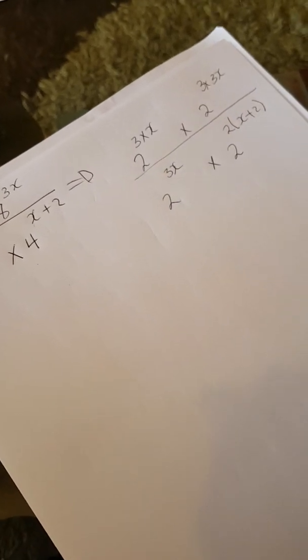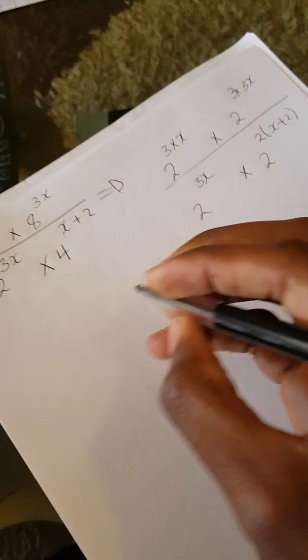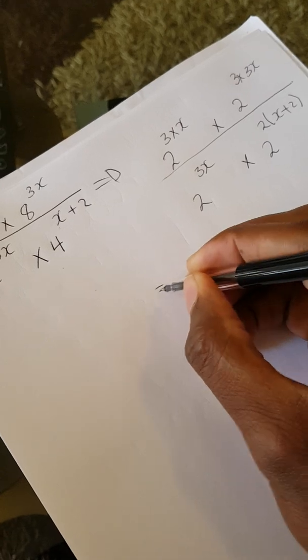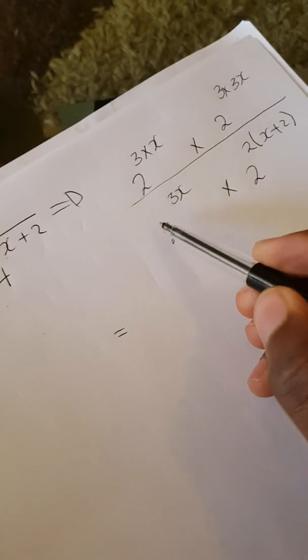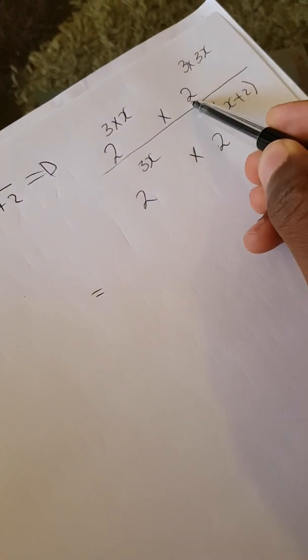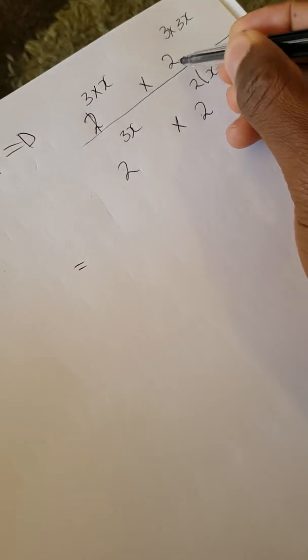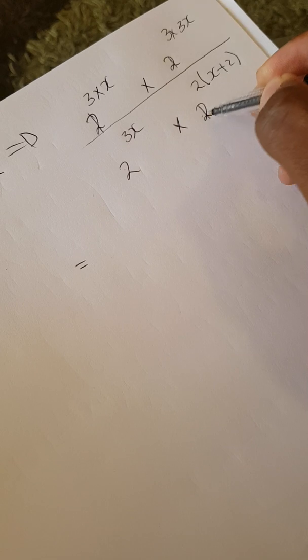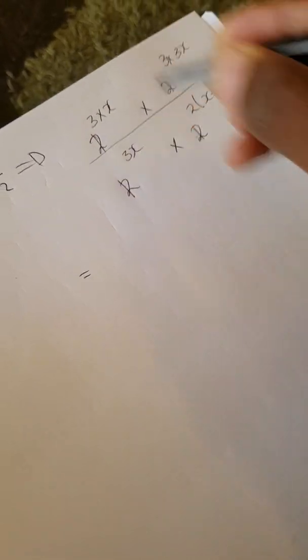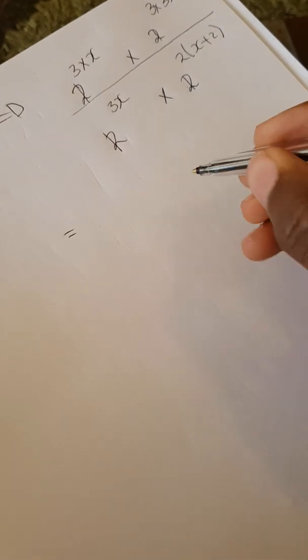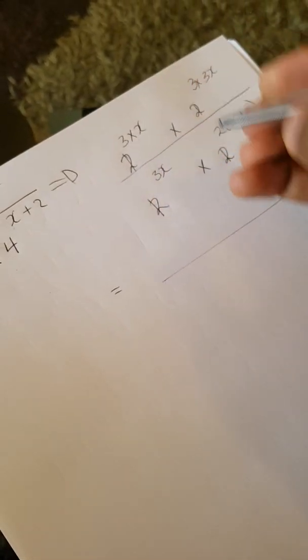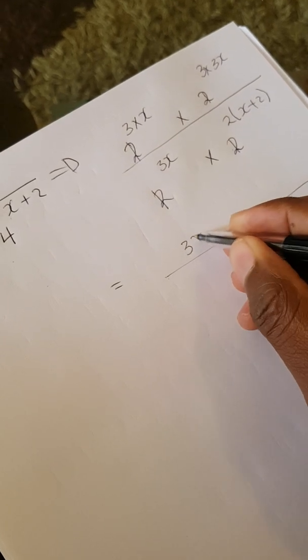So this is how you must do it. Now you have similar bases, so these bases will be cancelled, okay, because they resemble each other. So now you are left with what? With the exponents. So 3 times x is 3x.